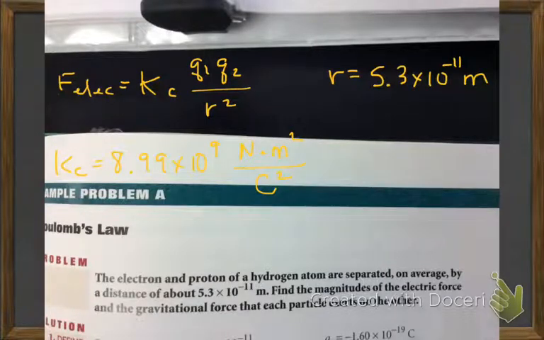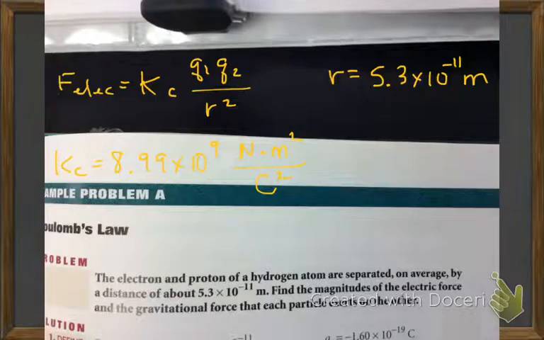Do you think we're going to have to change the units on it? No. It's in meters, and that is a unit that we've worked with. What about the Q? Do we have the values for Q? Q1 and Q2, what are Q1 and Q2 here?